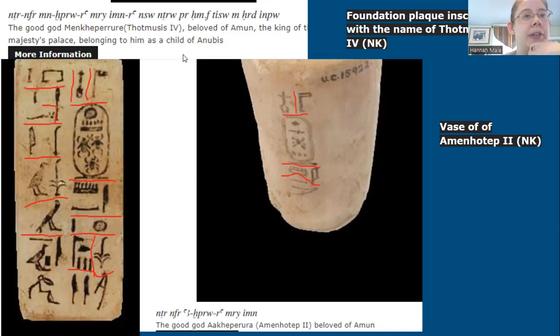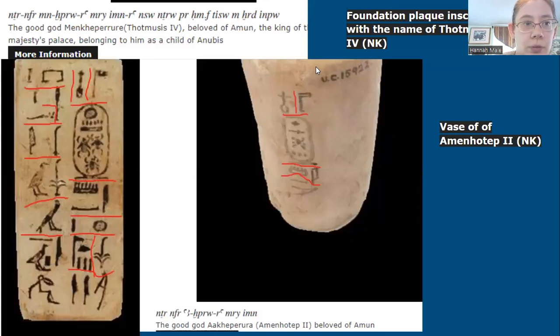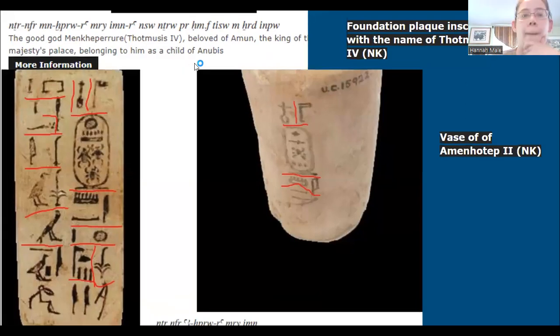And then you have this next chunk, which is starting at this NSW, which is the king of His Majesty's Palace, finishing with belonging to him as a child of Anubis.